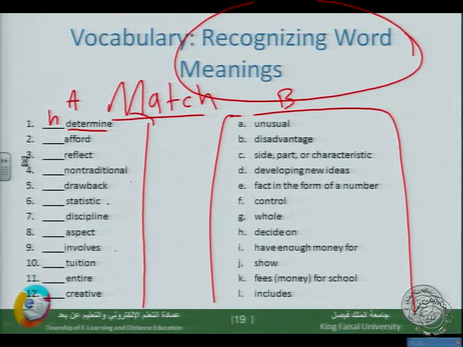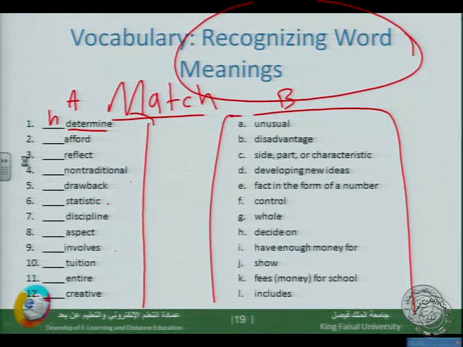Okay, it's right here. I was looking for it. So it's H, to decide on. You need to decide on your final decision.